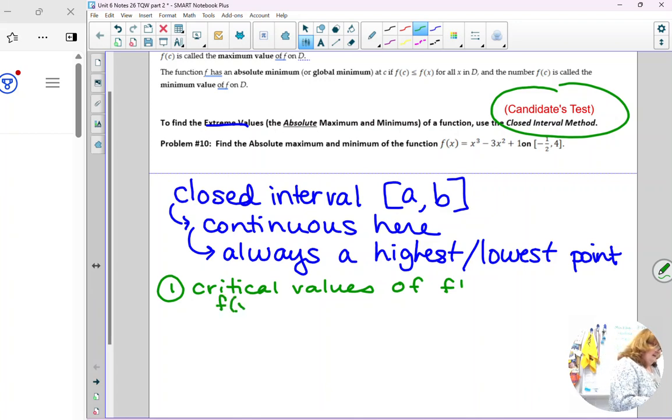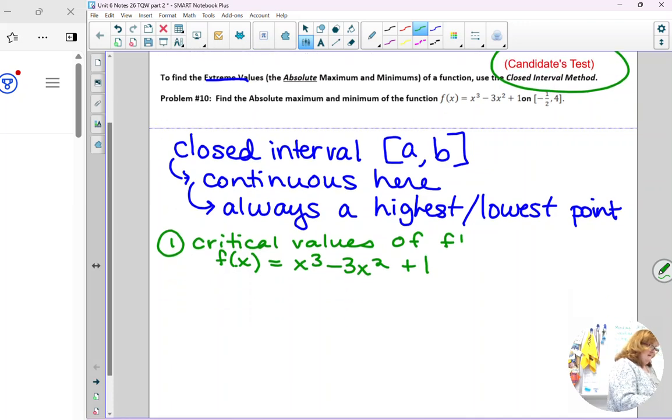So given our f of x in this case is x cubed minus 3x squared plus 1, that means f prime is 3x squared minus 6x.